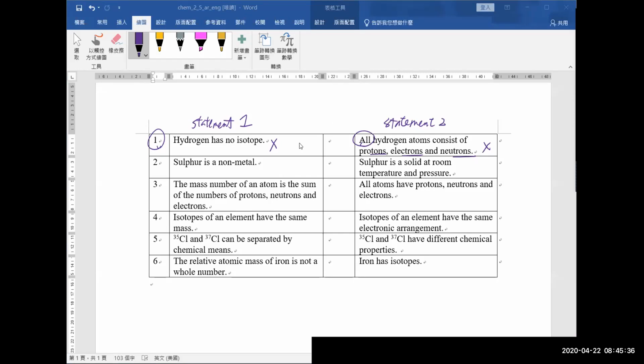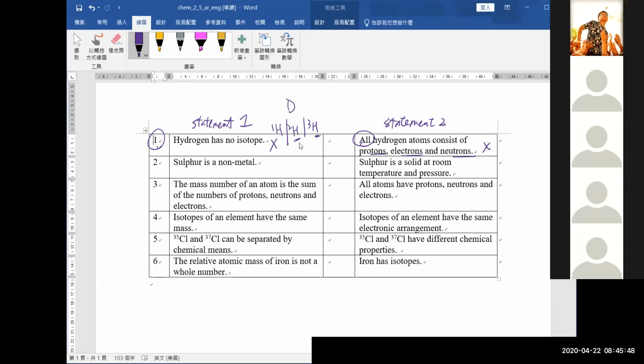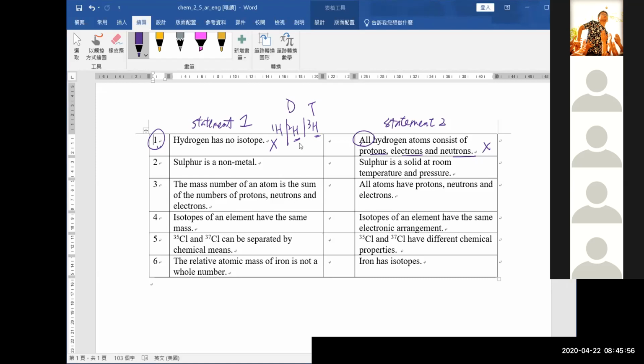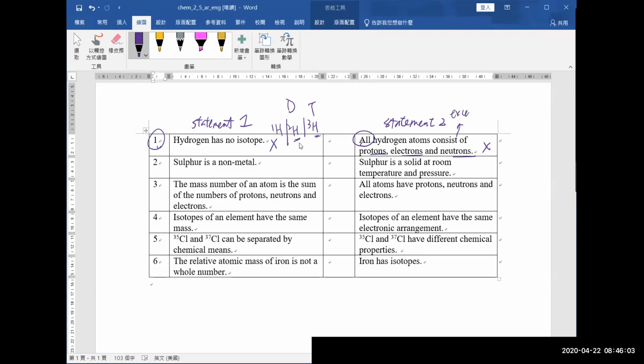Indeed, we have isotopes. We have three isotopes: hydrogen 1, hydrogen 2, and hydrogen 3. Hydrogen 2 is also called deuterium, and this one is tritium. And how about this: all hydrogen atoms consist of protons, electrons, and neutrons? This one is not correct, because we have an exception.